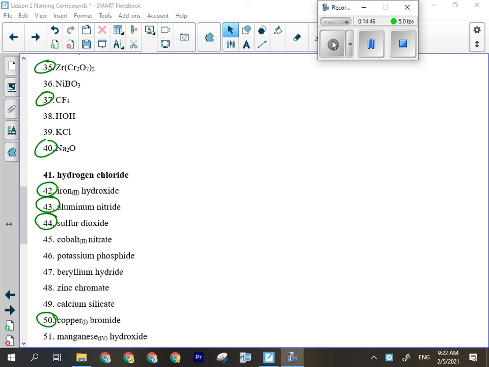Okay, let's have a look at these here, guys. So for number 35, we've got zirconium, which is a metal, with dichromate, which is a polyatomic ion acting as a non-metal. So this would be named as an ionic compound. That would be zirconium dichromate.